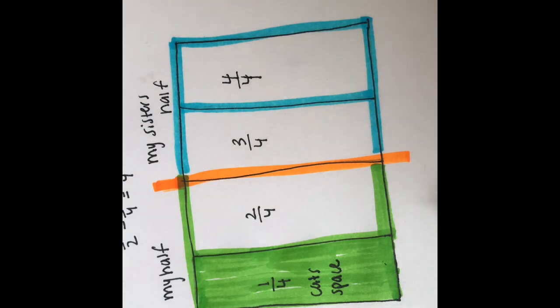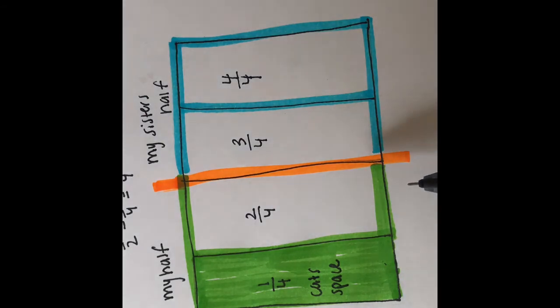So I then wanted to know how much of my room I did have. I only had half of the room, so I wanted to know how much of my half I would have for myself if my cat gets a whole 1/4 of my room, of the half of my room.